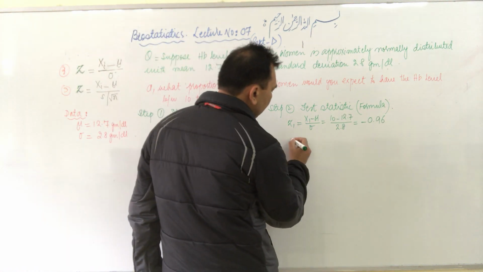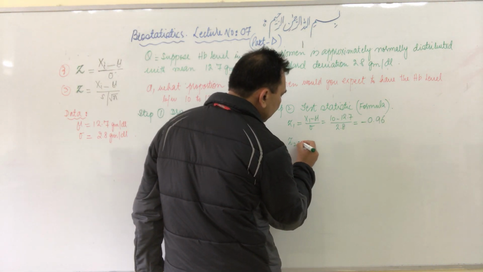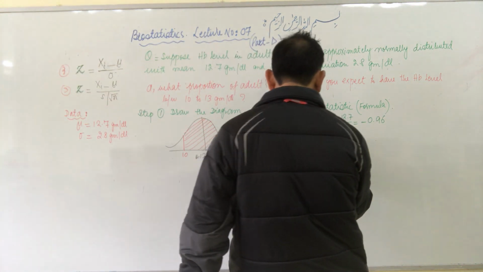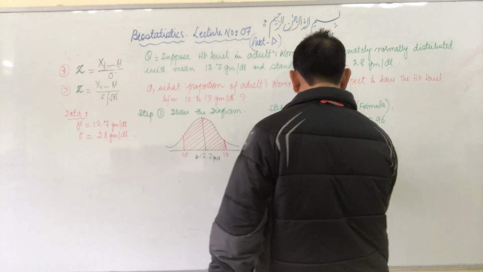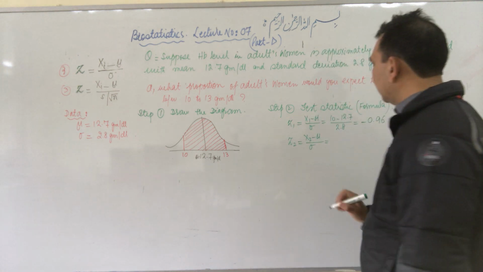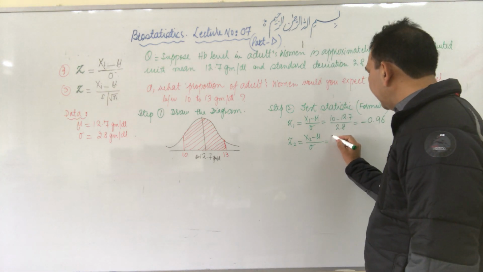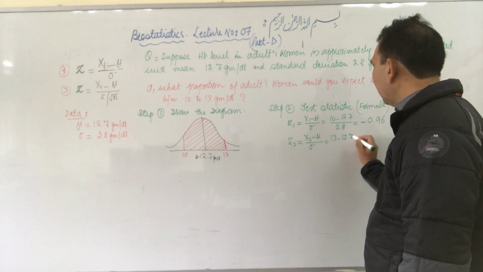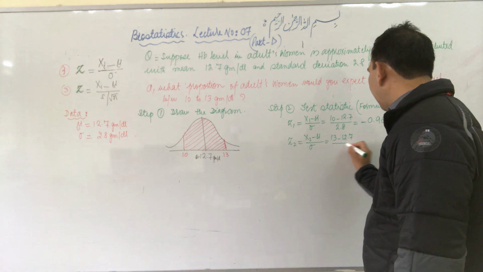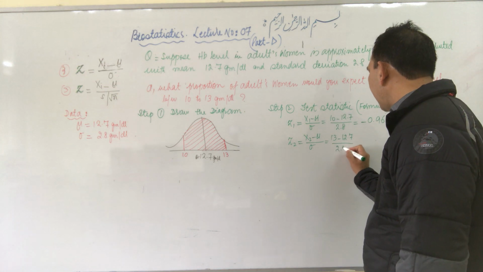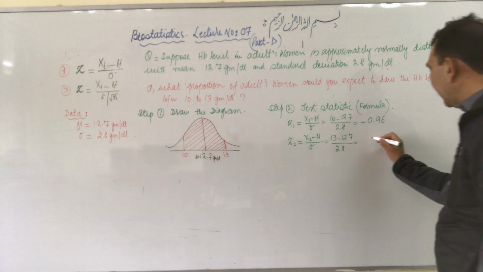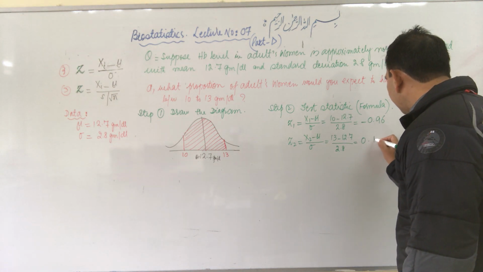Now we will find z2 for 13: x2 minus mu divided by sigma. So x2 is 13 minus 12.7, which is the mu, divided by the sigma, again 2.8 gram per deciliter. It comes up with a result of 0.1.